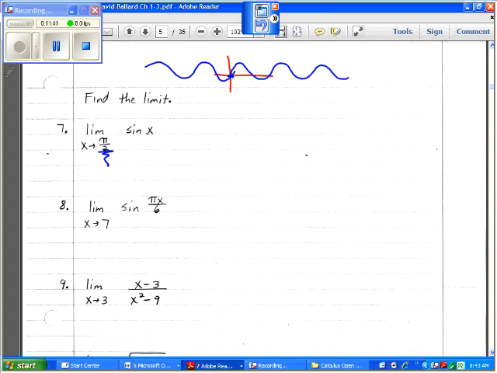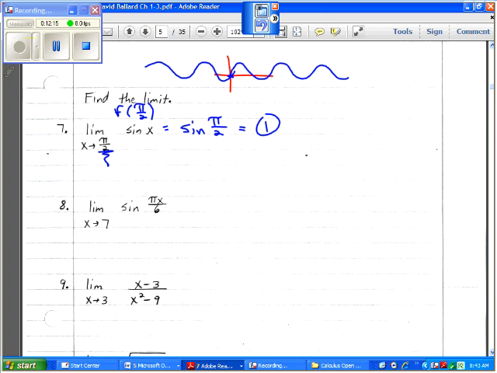Therefore, the limit as x approaches pi over 2 is equal to the function value at pi over 2. So we find sine of pi over 2. We know that sine of pi over 2 is like the sine of 90, and the sine of 90 is 1. And so the limit as x approaches pi over 2 of sine x is 1.